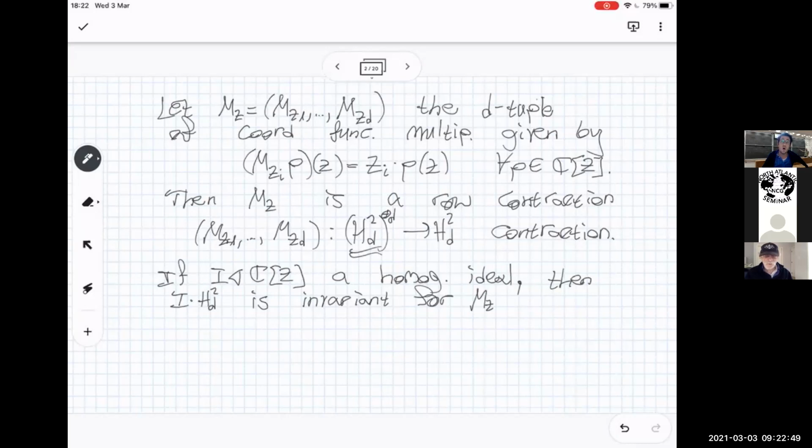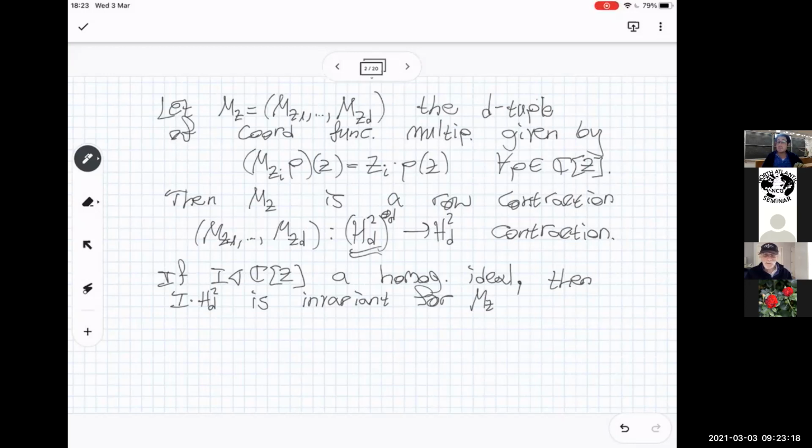It means that as an operator, you get a vector of vectors, and it's norm non-increasing. Norm non-increasing, yes. Okay.